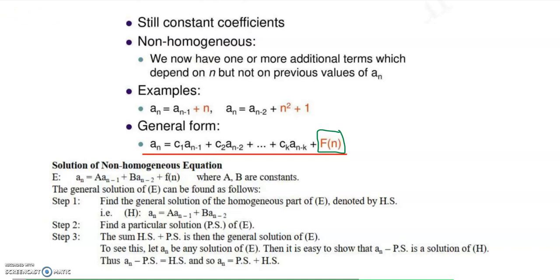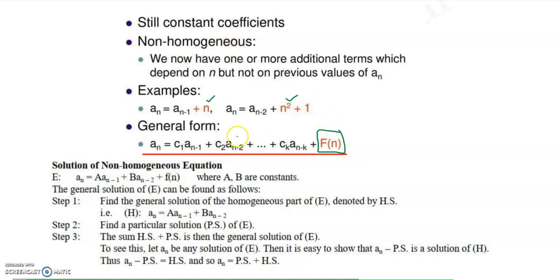See the examples here: that function may be n, linear, or quadratic, or 2 to the power n, or minus 5 to the power n, like that. So this is called a linear non-homogeneous recurrence relation.